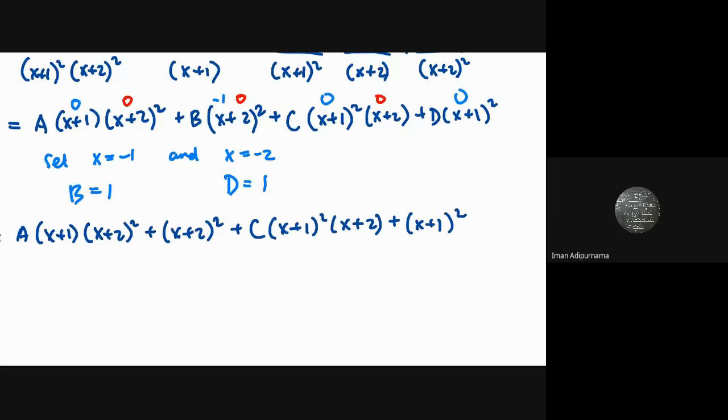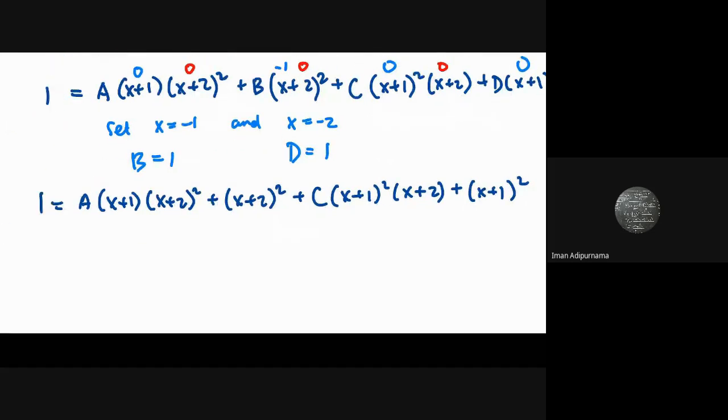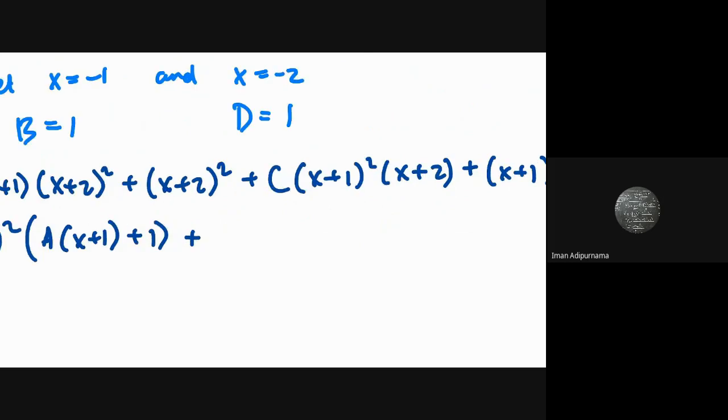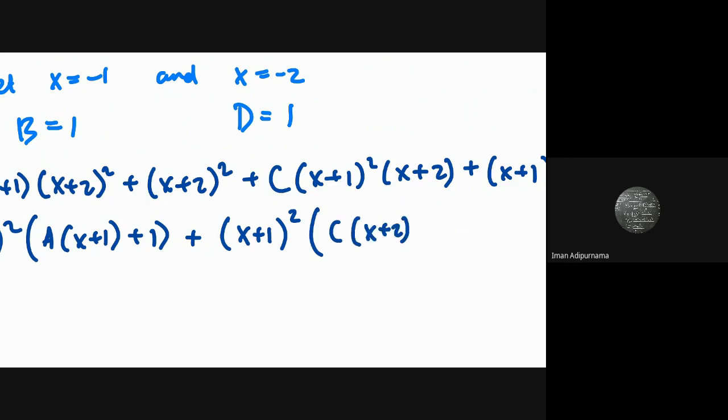So I plug in B and D equal to 1. Okay, we can factorize x plus 2 squared. This is A times x plus 1 plus 1, and then plus x plus 1 squared. I factorize this a second time.